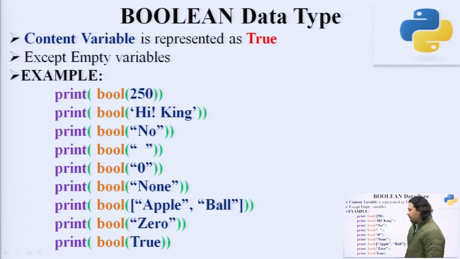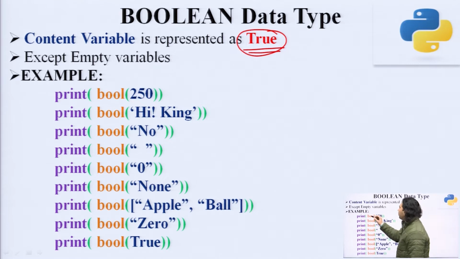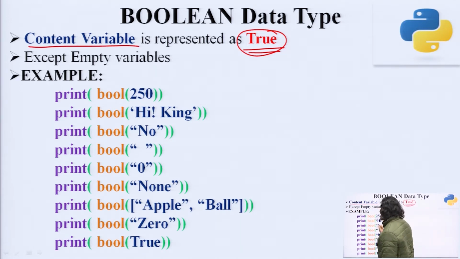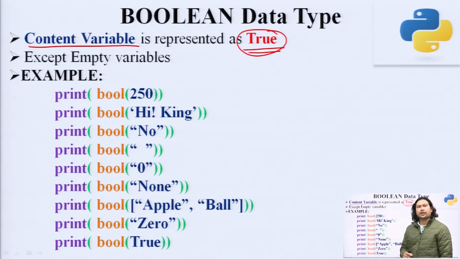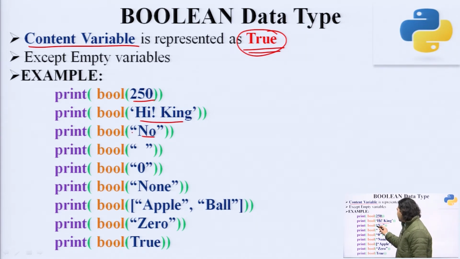Now you are going to understand true. Why are things represented as true? Because the variable contents, whatever data they contain, have some information to share. Look at the information like 250, high, no, because it is under the heading of string.